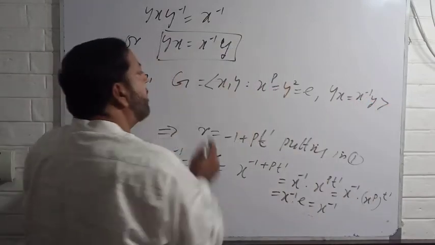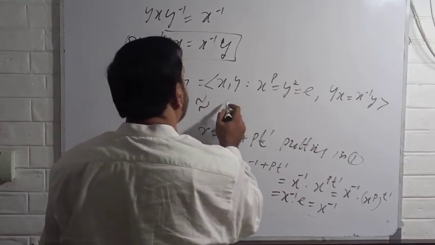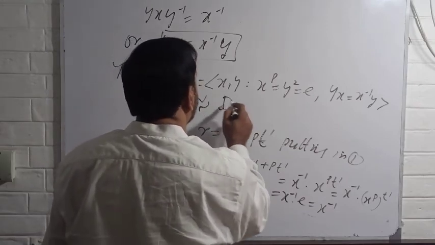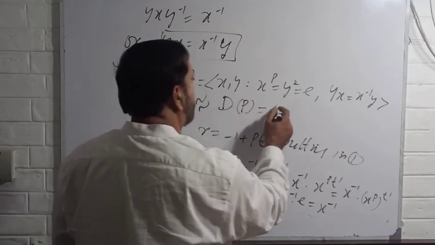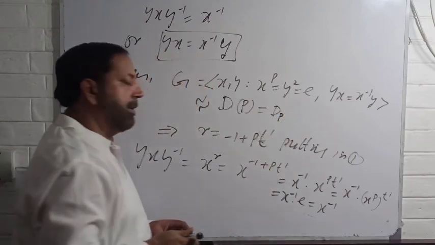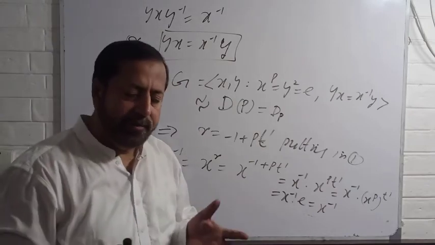And everybody knows what this is. This is in fact isomorphic to the dihedral group of order 2p, that's T_p. Some people like to write D_p. Okay, so I have shown that these are the two possibilities, right?